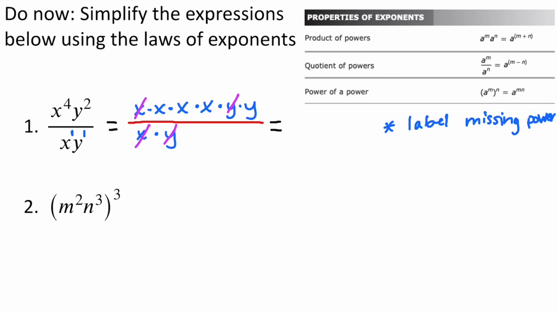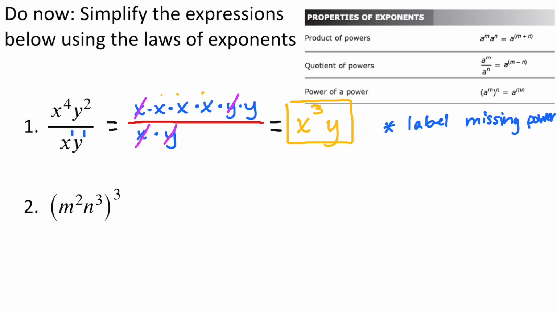We have x left, and we count how many: 1, 2, 3. So x to the power of 3. And we also have y left, 1y, so y to the first power, or just y. So the answer to the first question should be x cubed y.